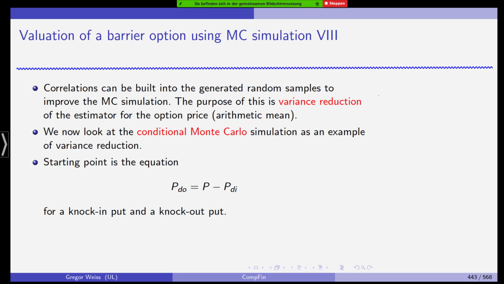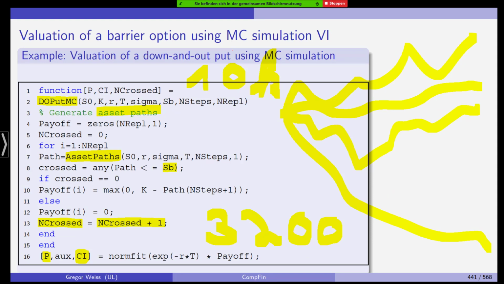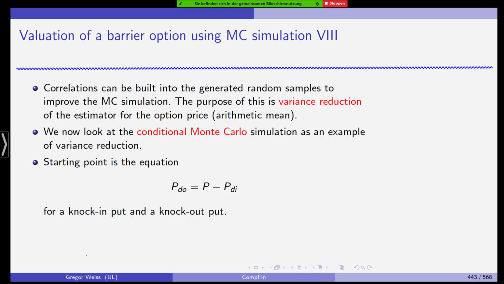As you might remember, we fitted a normal distribution to the mean of the payoffs of the option contract at t0, and then we calculated the mean, and we also had a confidence interval, and we wanted to decrease the variation of our estimator, that is, to reduce the size of the confidence interval.